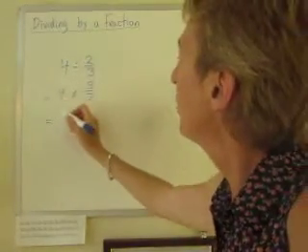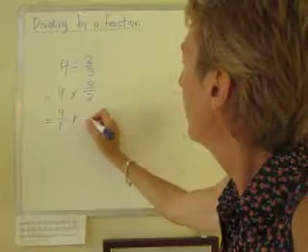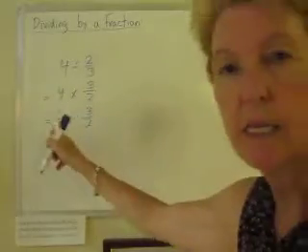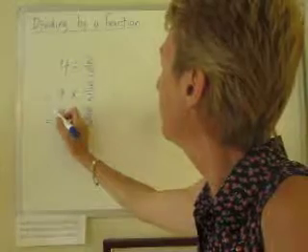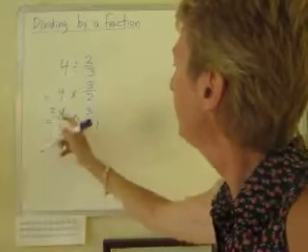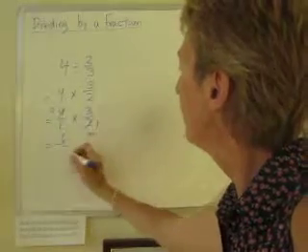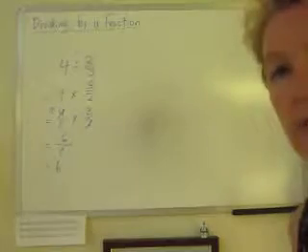Now our whole number has a denominator of 1, multiplied by our second number, and this we can simplify. 2 goes into itself once and into 4 twice, and we're left with 2 times 3 in the numerator, 1 times 1 in the denominator, and our answer is 6. Okay?